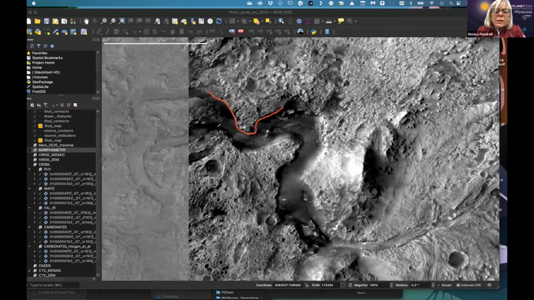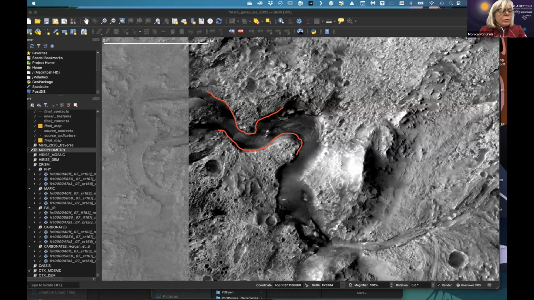This unit has been eroded by fluvial incision here. So in this case, the boundary between unit B and these bed forms here is marked by an erosional surface, which is important to map.